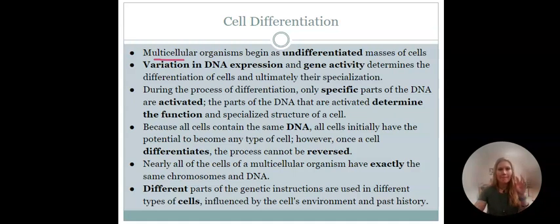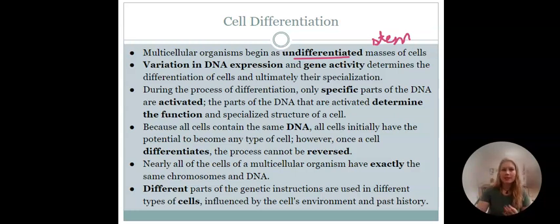All of those cells begin as undifferentiated masses of cells. So an undifferentiated mass of cells is a stem cell. There we go. So a stem cell is where they're all the exact same. Well, that doesn't work for us, right? We're multicellular. I need skin, I need lungs.